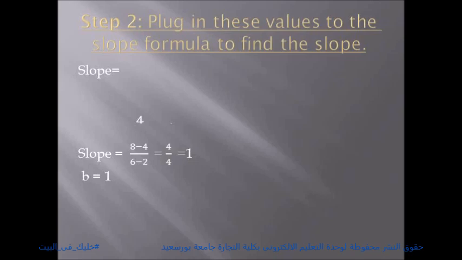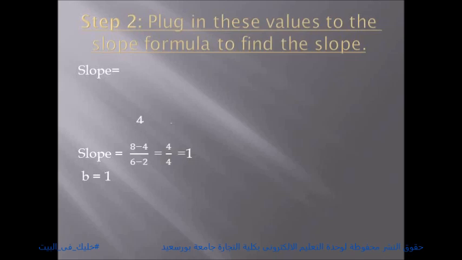Step number 2, find the slope. The slope, as we mentioned, equals the changes in y divided by the changes in x, which is y2 minus y1 divided by x2 minus x1. So the slope equals 8 minus 4 divided by 6 minus 2, equals 4 over 4, equals 1.